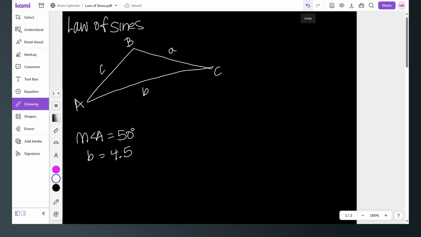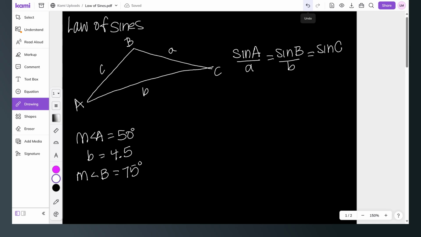That's a side. And let's say the measure of angle B is 75 degrees. Law of sines says I can set up ratios of my sides and angles. So sine of angle A over side A is equal to sine of angle B over side B is equal to sine of C over side C.